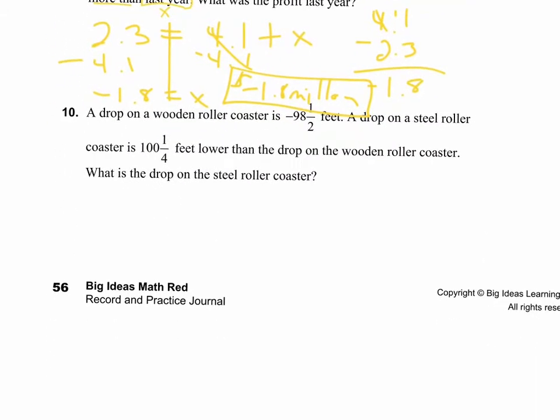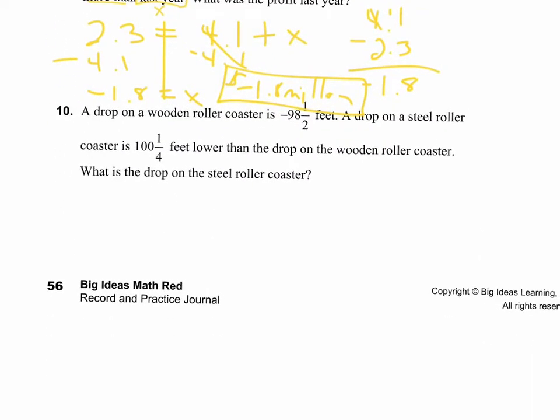All right, a drop on a wooden roller coaster is negative 98.5 feet. Oh, there is a number. A drop on a steel roller coaster is 101/4 feet lower than the drop on the wooden roller coaster. Do we know what the wooden roller coaster is? Yeah, we do. 98.5, right?